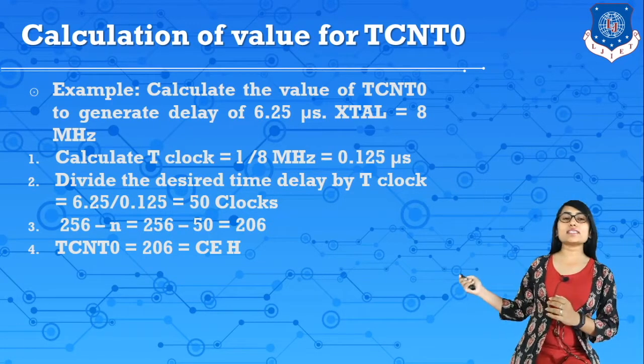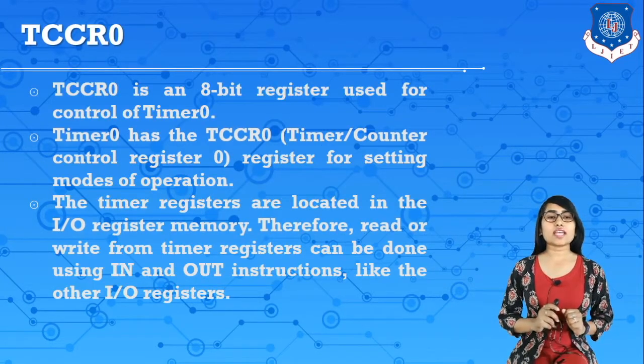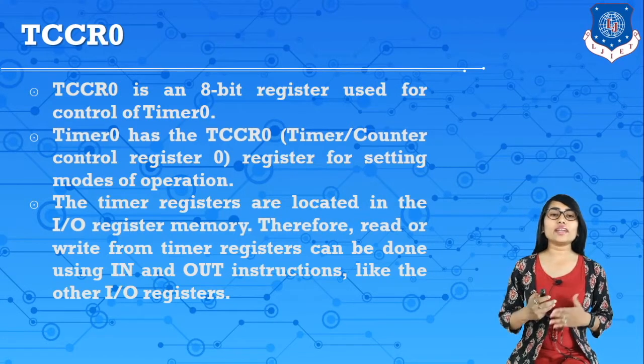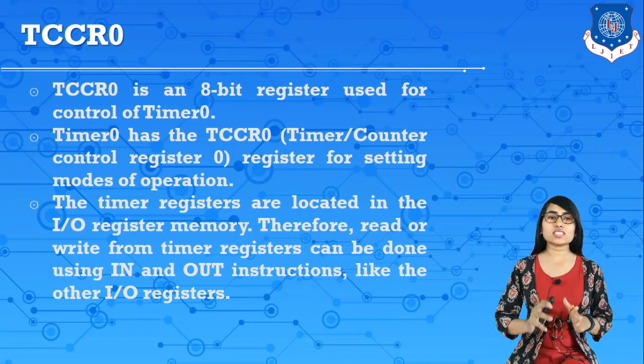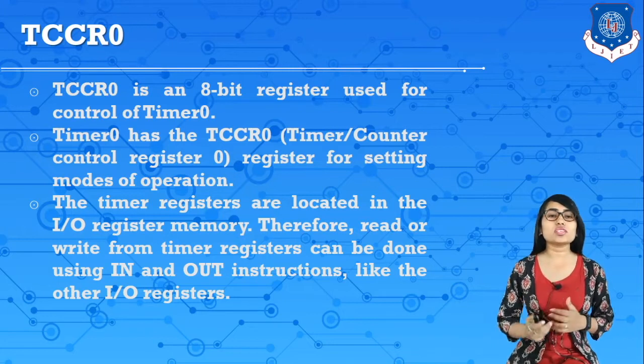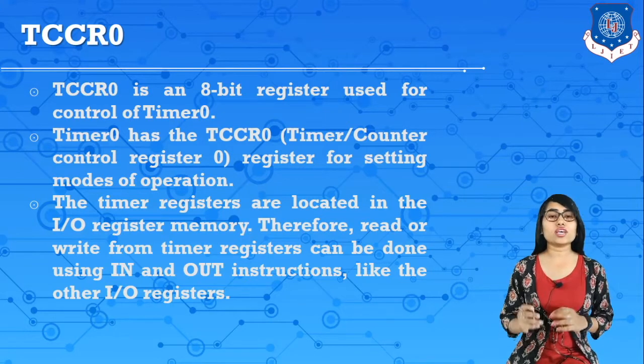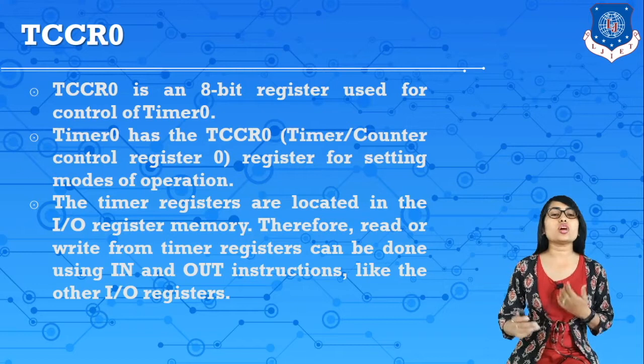Now let's discuss the TCCR0 register. TCCR0 is an 8-bit register used for control of Timer 0. Timer 0 has the TCCR0 register for setting modes of operation.